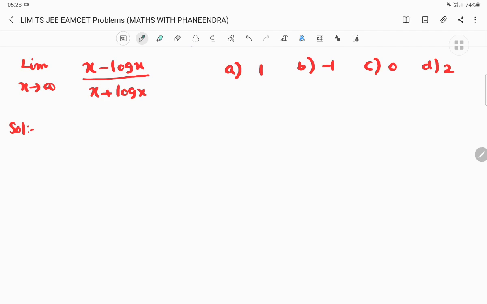So here also consider the given limit. Limit x tends to infinity, x minus log x divided by x plus log x. X is equal to infinity means infinity minus log infinity, infinity plus log infinity. Ultimately this is infinity by infinity form.